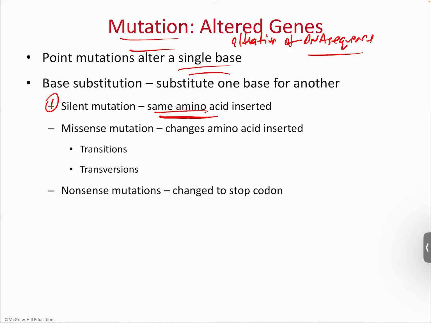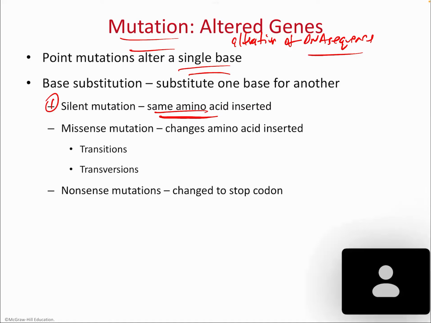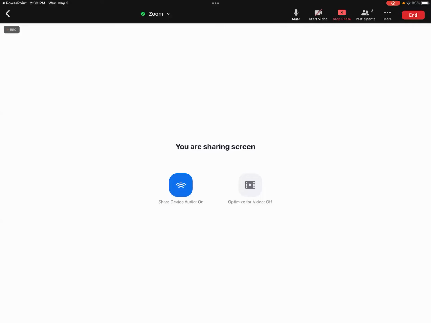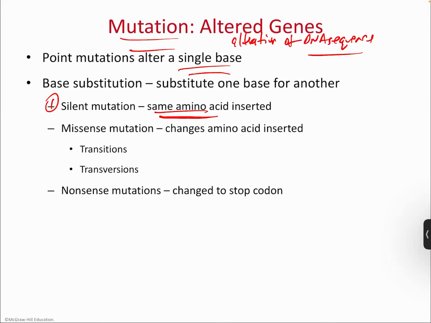Like the lysine, for instance, I think has 4 different codons. So if you were to mutate from one of those codons to the other codon, you might get a change in your DNA, but you don't get a change in your protein. So from a protein perspective, it's actually, sorry, my OCD coming in, it's actually no change in the protein. So you have no visible change in the protein. That's why it's called silent, okay?